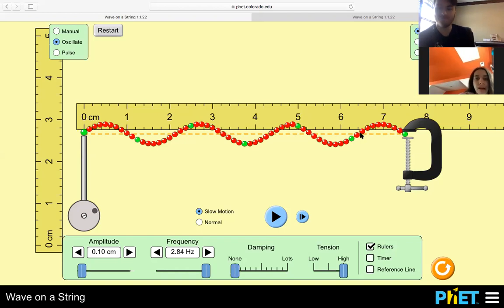What do you get? 1.25 hertz. Okay. So if we go 1.25 and 0.4, let's do 1.25 divided by 3. If I do that, I get 0.41 for our answer.